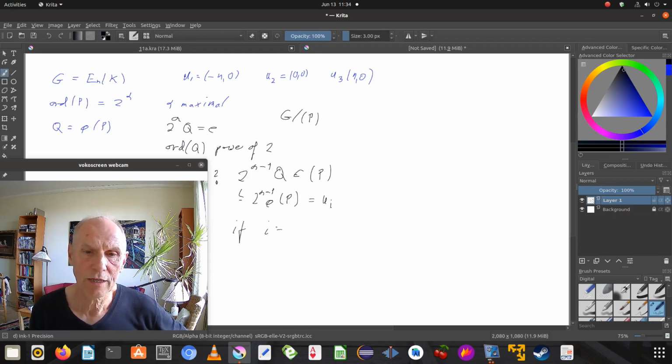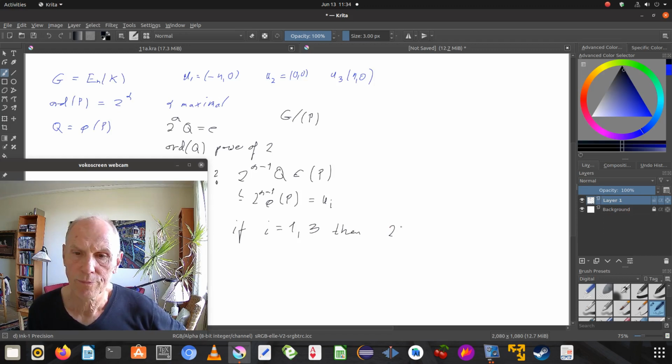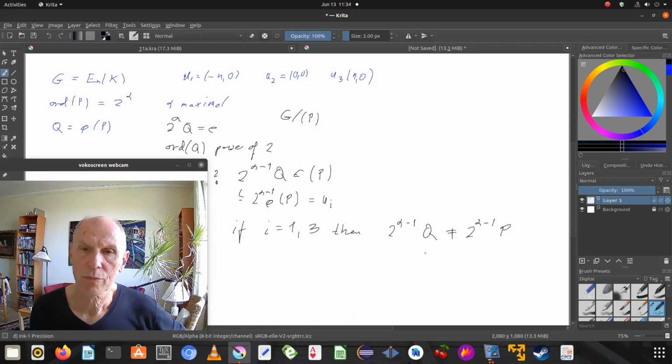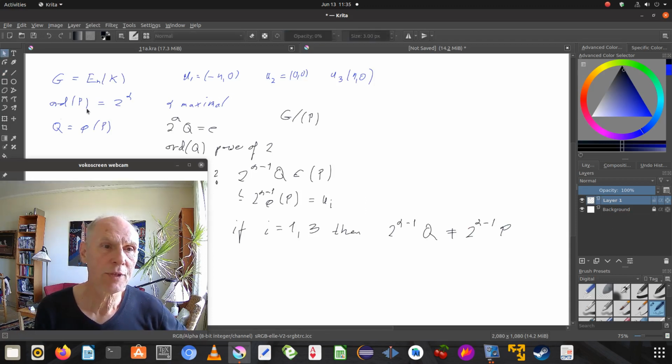So if I equals 1 or 3, and in this chain generated by P, there is only one element of order 2.